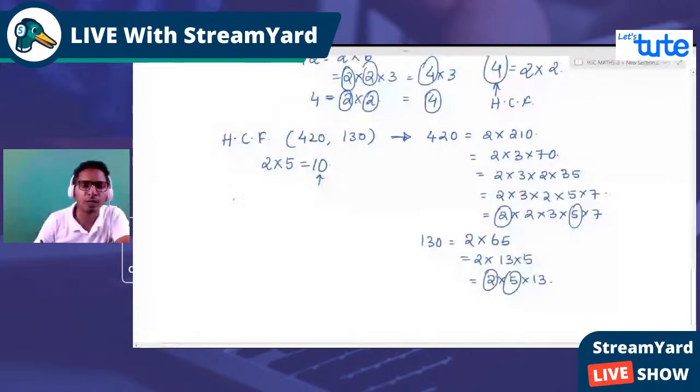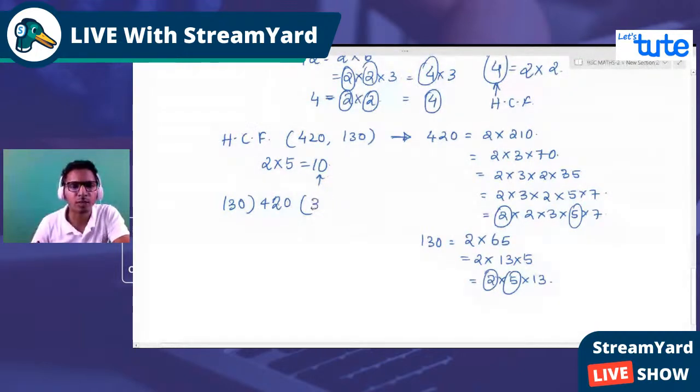When we divide 420 by 130, we have to decide what to multiply 130 by to get close to 420. 420 is not in the table of 130, so we multiply it by 3, because 130 into 3 is 390, correct?